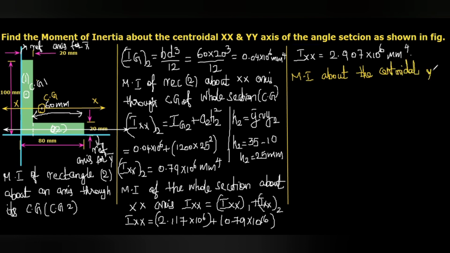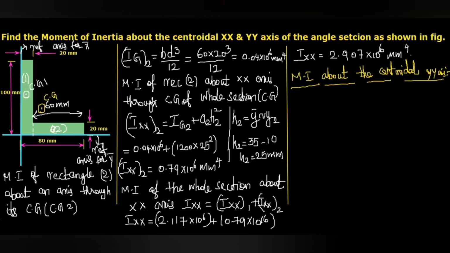Okay, centroidal YY axis. So here also, first we have to take the moment of inertia of the first rectangle with respect to the axis passes through its center of gravity.